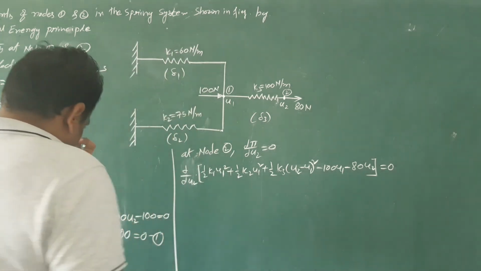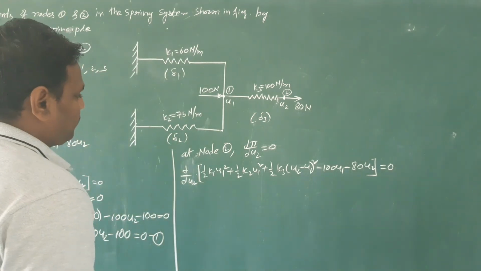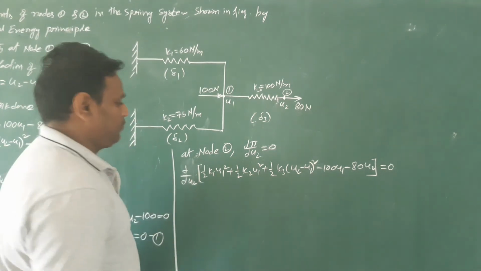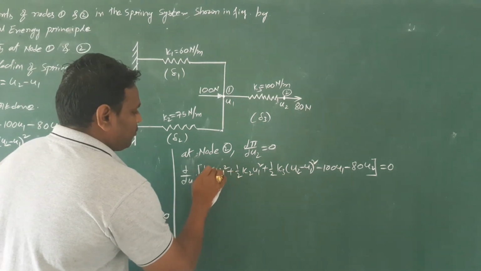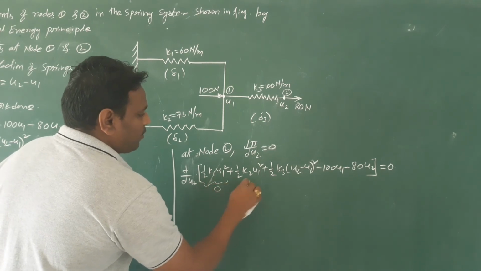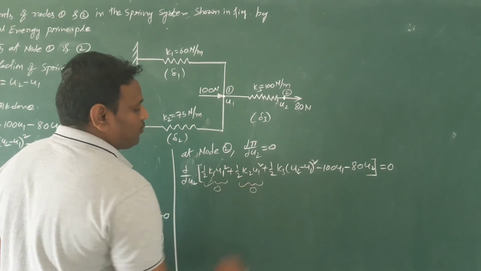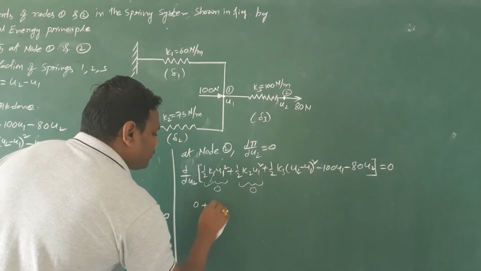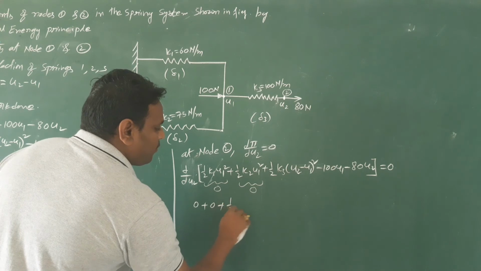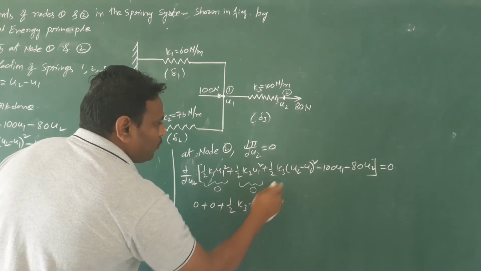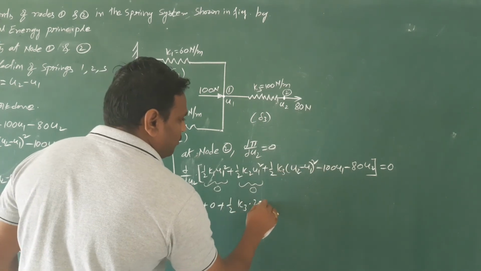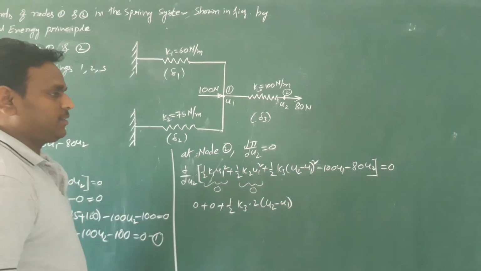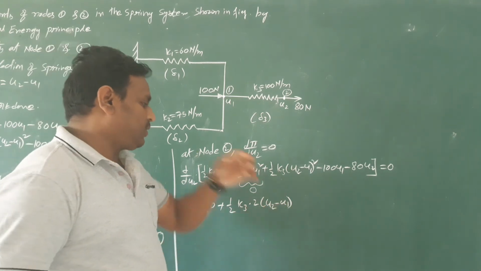Now differentiate the entire equation with respect to u2. So this component is 0, this one is 0, this is also 0 because there is no u2. So that is 0 plus 0 plus half of k3 into 2, since the differentiation of x square is 2x, that is 2 (u2 minus u1), and the differentiation of u2 is 1.